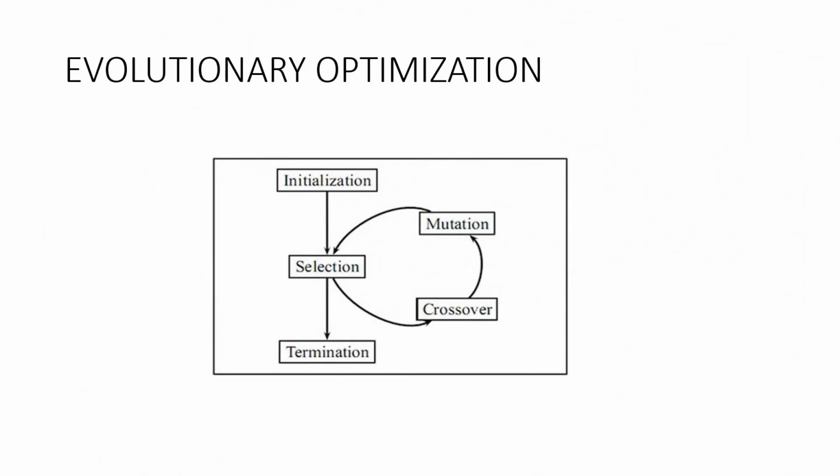Next is evolutionary optimization. Evolutionary optimization follows a process inspired by the biological concept of evolution, and since natural evolution is a dynamic process in a changing environment, they are also well suited to dynamic optimization problems.